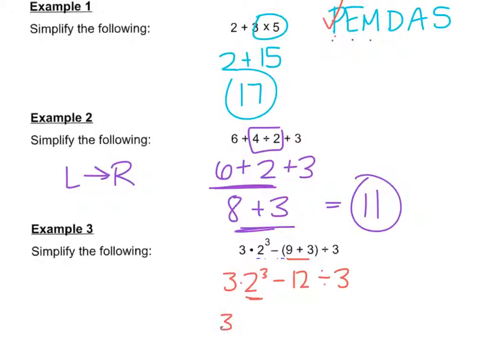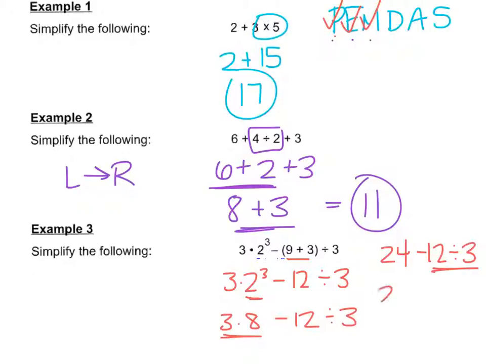So we have 3 times 8 minus 12 divided by 3. Any multiplication? Yes. 3 times 8 is 24 minus 12 divided by 3. Next is division. 24 minus 4. So we did division. There is no addition. And we have subtraction for our final step, which gives us 20.